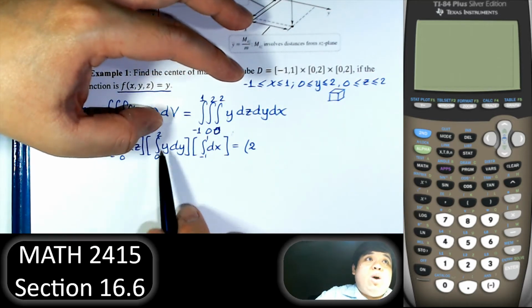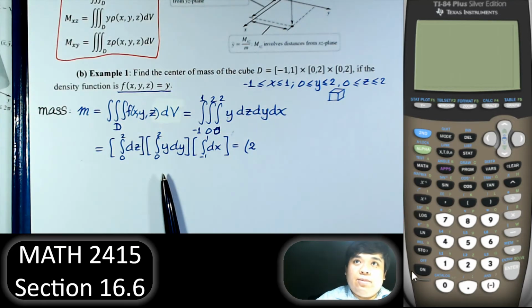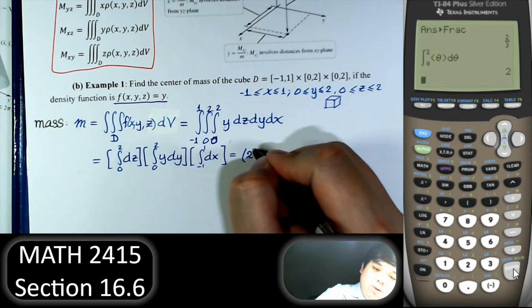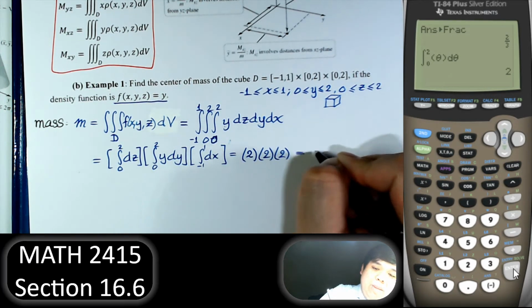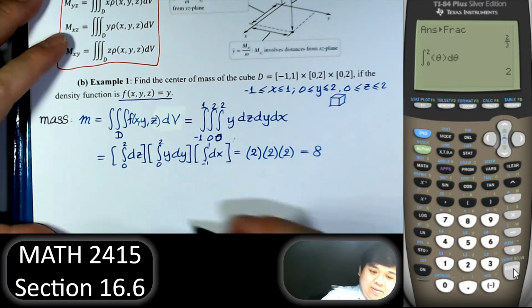And y squared over 2 is also 2. Subtracting the limits, also 2. So the mass is 8.